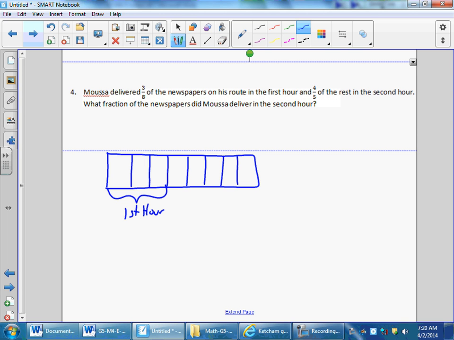It makes things easy. He delivered 4/5 of the rest. So I have 5 more pieces. The whole thing is the rest, the remainder. He delivered 4/5 of the rest in the second hour.